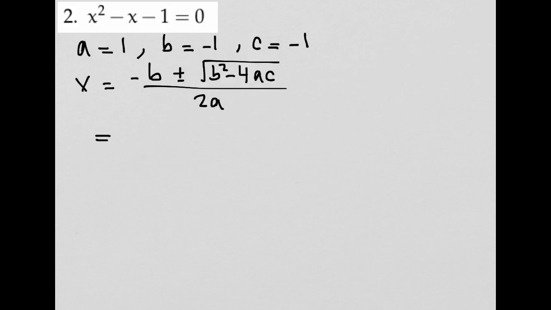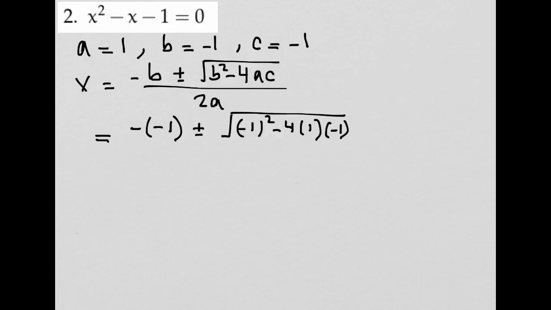Plug everything in. Minus 1 plus or minus the square root of minus 1 squared minus 4 times a, that's 1, times c, which is negative 1, all divided by 2a, that's 2 times 1.